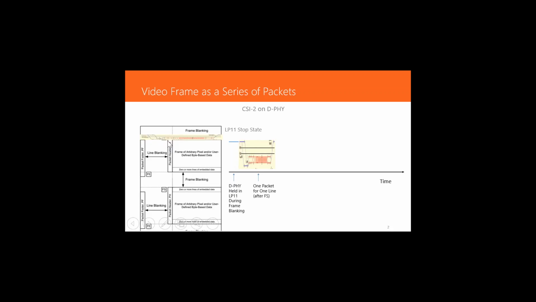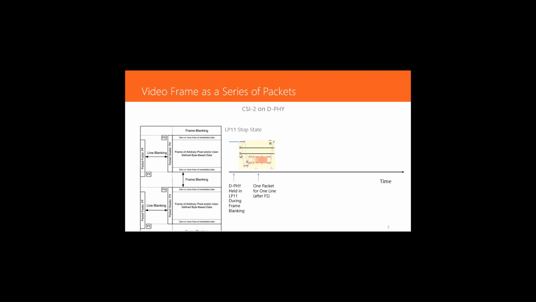We're not running high-speed data at all. And as soon as we want to transmit active pixel data, obviously we want to transmit that as fast as possible. And so we transition to high speed and transmit the pixel data according to the CSI2 protocol. And then once the entire row has been transmitted, we go on and repeat it for the next row.